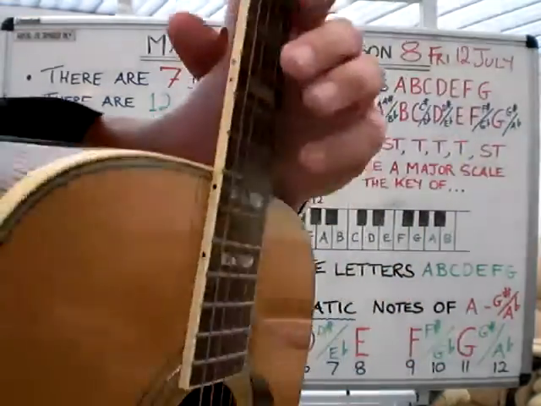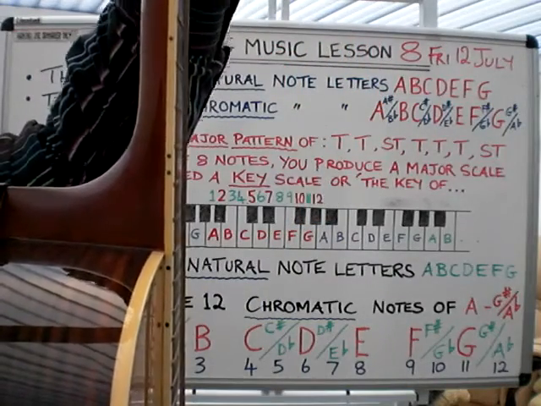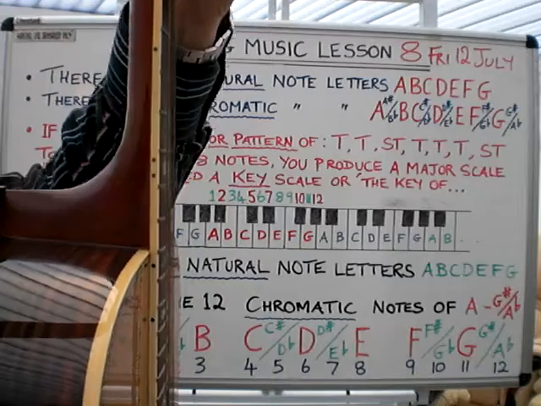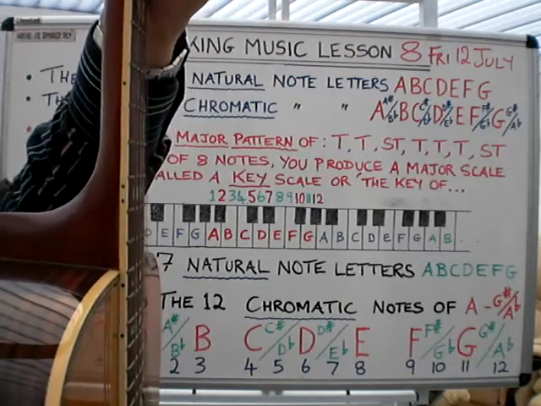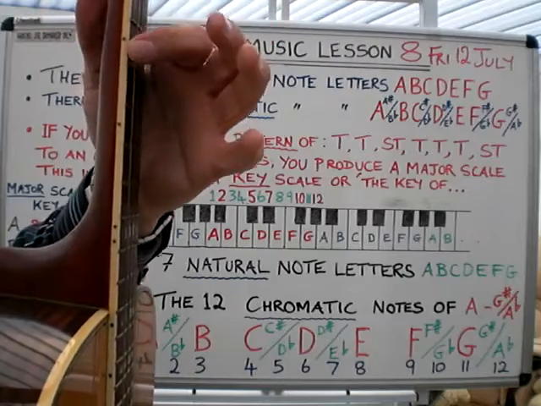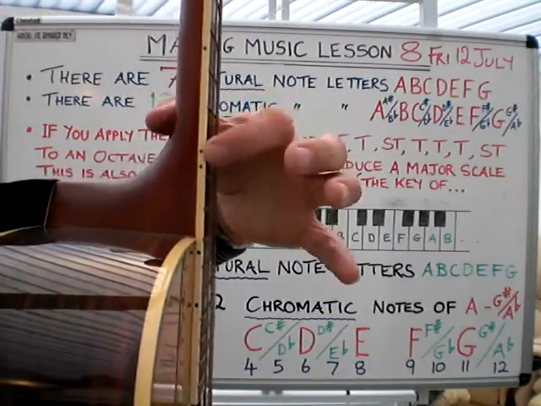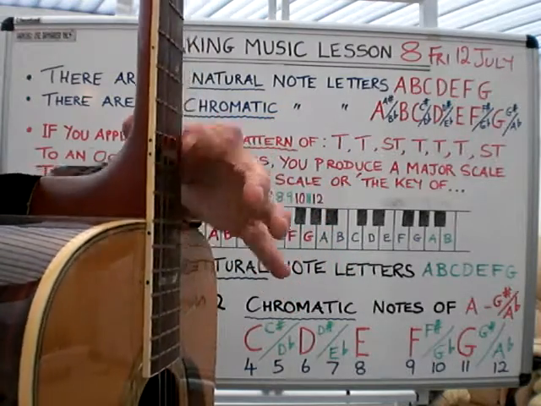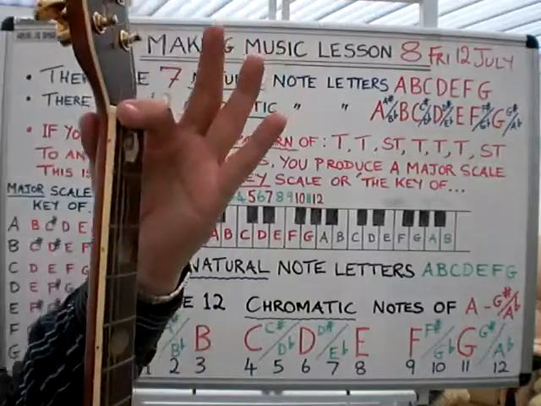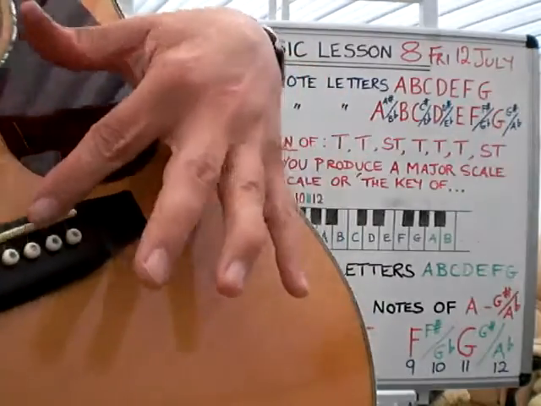Now on a guitar, I don't know if you can see these, there are little markers that represent the fret positions of 1, 3, 5, 7, 9 and 12. On the 12th one there's a double dot to represent that's halfway between the nut and the bridge of the guitar.